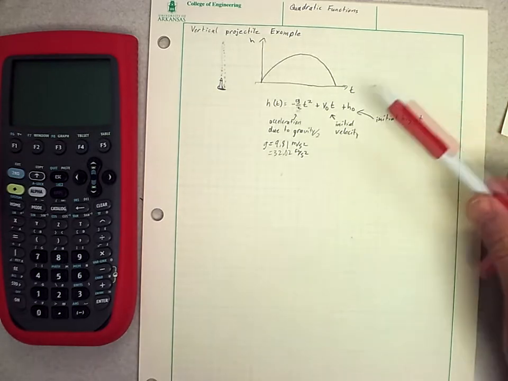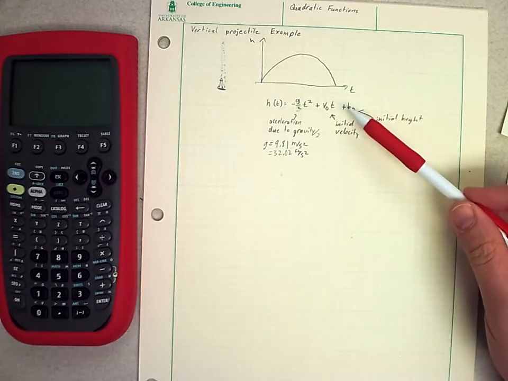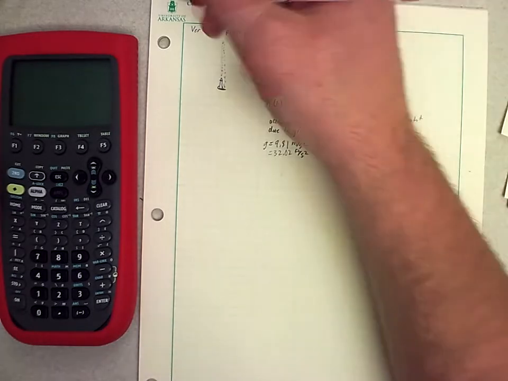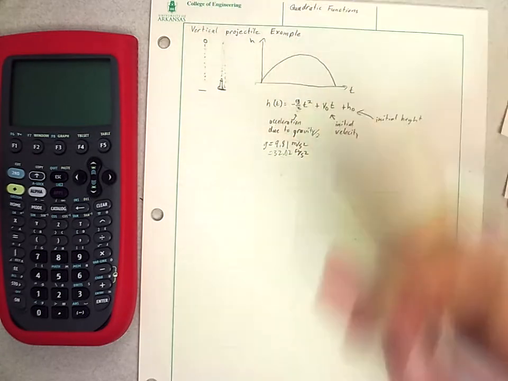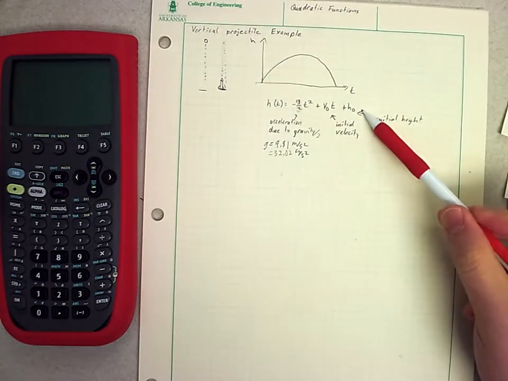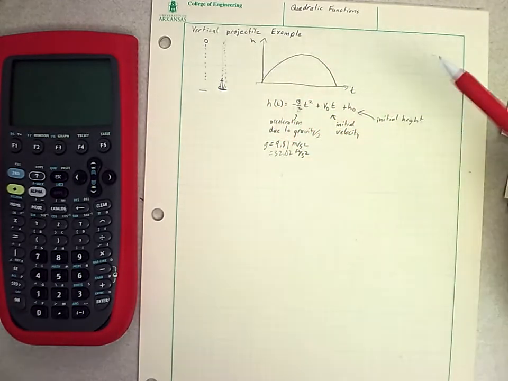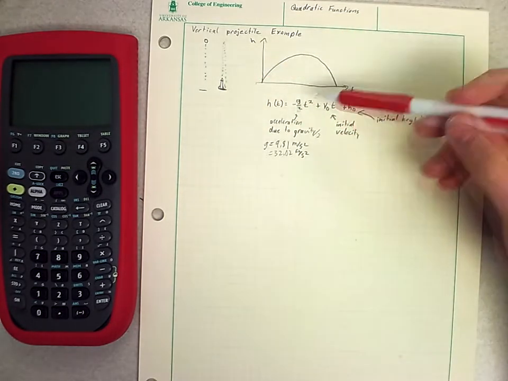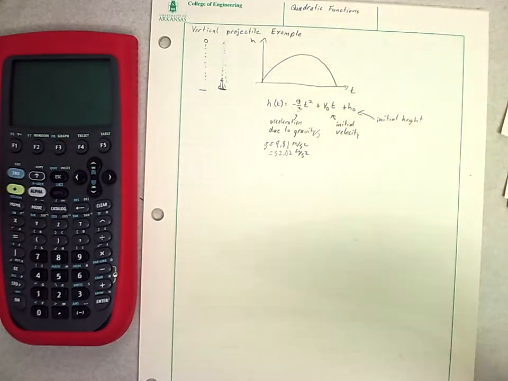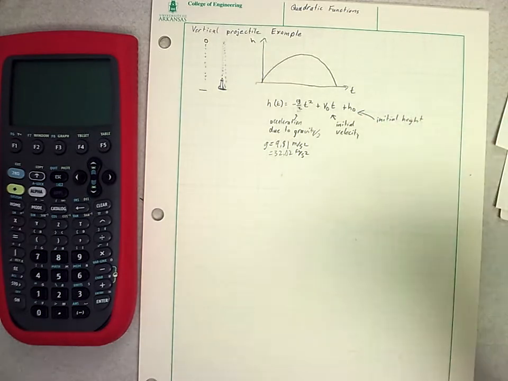For many problems, if we talk about a falling object, something that starts here and only goes down until it hits the ground, we'll have an initial height but no initial velocity. For many problems, like for instance the rocket I drew here, if you can tell that's a rocket, you would have an initial velocity when it takes off, but the height, we're starting from the ground, is 0.